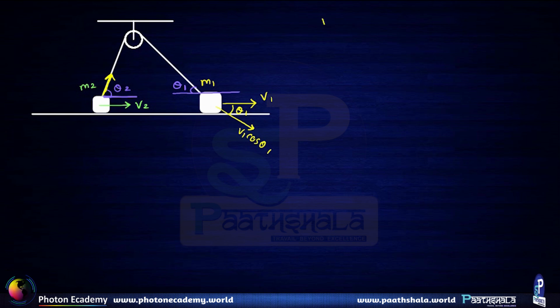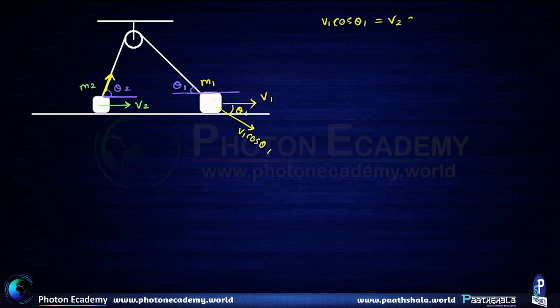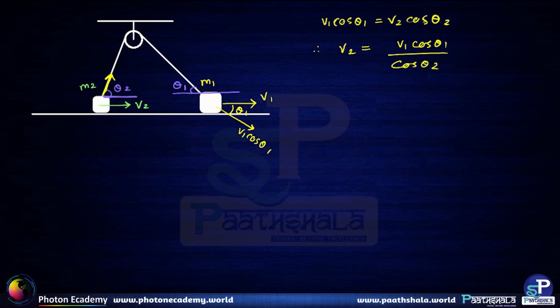So v1 cos theta 1 is equal to v2 cos theta 2. Therefore v2 which has been asked is equal to v1 cos theta 1 divided by cos theta 2. The values of cos theta 1 and cos theta 2 will be given in the question, and have to be inserted to get the answer for v2.